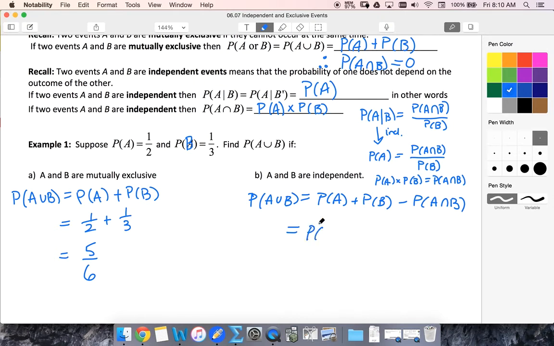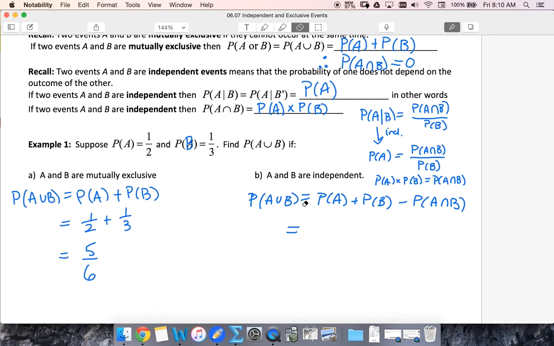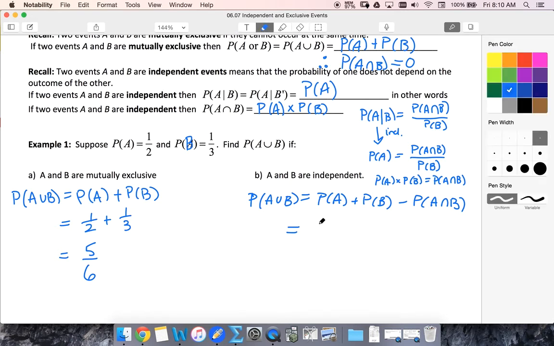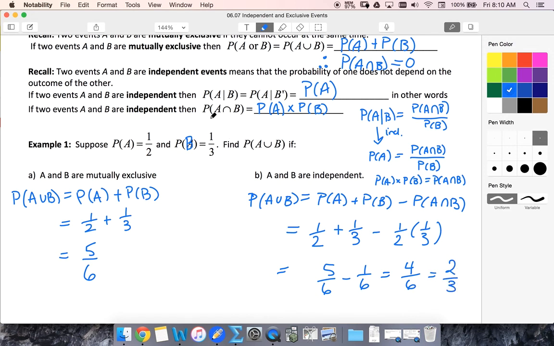So I'll have 1/2 plus 1/3 minus 1/2 times 1/3. So that we know from earlier, that's 5 out of 6 minus 1 out of 6. That's 4/6 or 2/3.